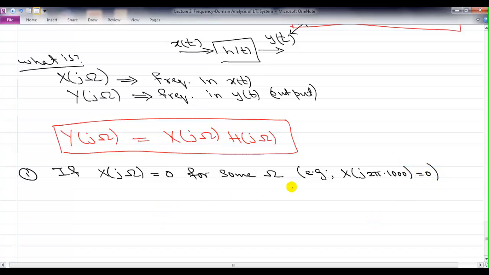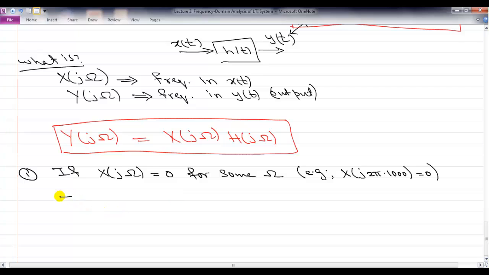Whenever I write omega, I'm talking about any arbitrary frequency. So if x of j omega is 0 for some omega, the example being 1 kilohertz, what does that mean? That means the input signal has no frequency of 1 kilohertz.